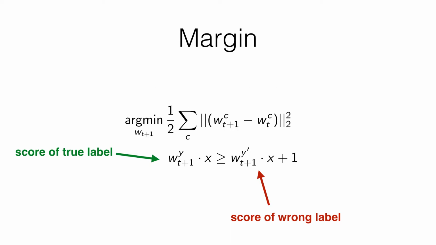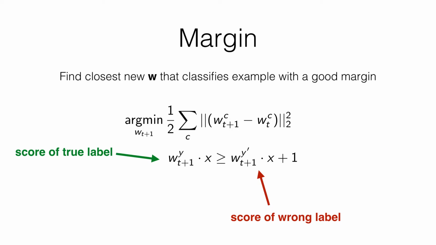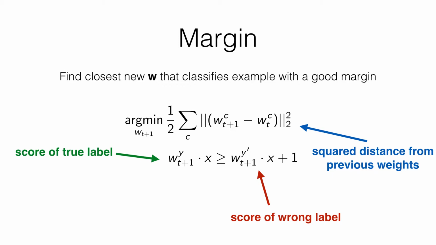Now we have formulated an optimization to solve for the new W's: the minimum over all possible W t plus 1 of the sum of the squared distances from the previous weights. Our goal is to find the closest new W that classifies the example with a good margin. That's the English way of describing the math down below.